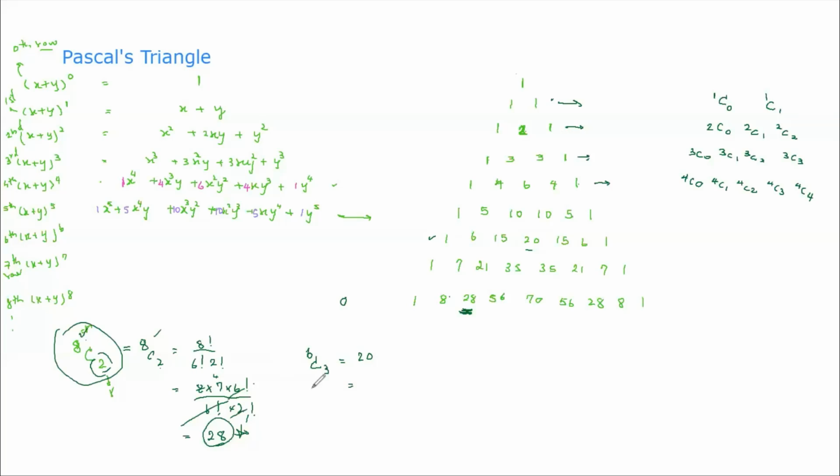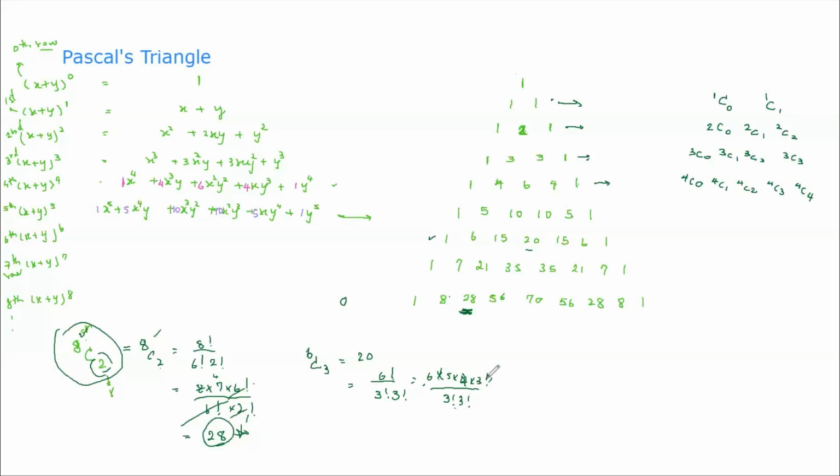Then use the combination formula. 6C3, you have what? 6 factorial over (6 minus 3) factorial, which is 3 factorial, times 3 factorial. So equal to 6 factorial, which you can expand here: 6 times 5 times 4 times 3 factorial, over 3 factorial times 3 factorial down here.